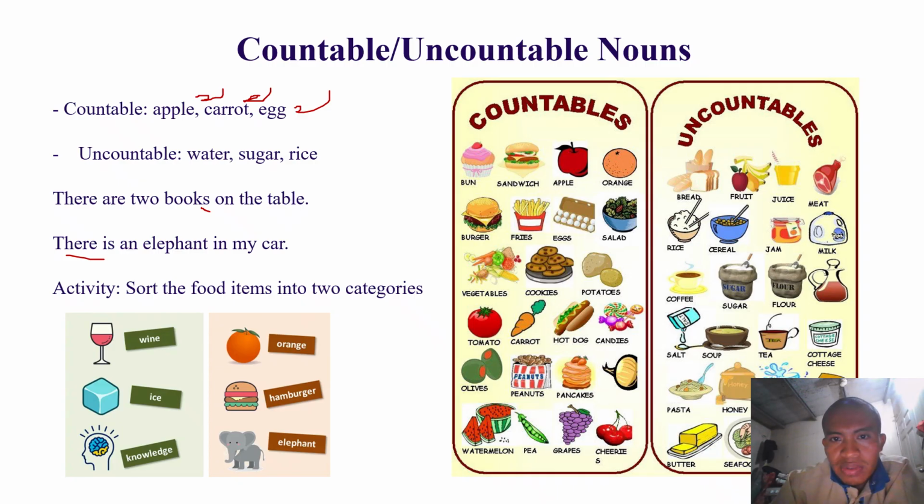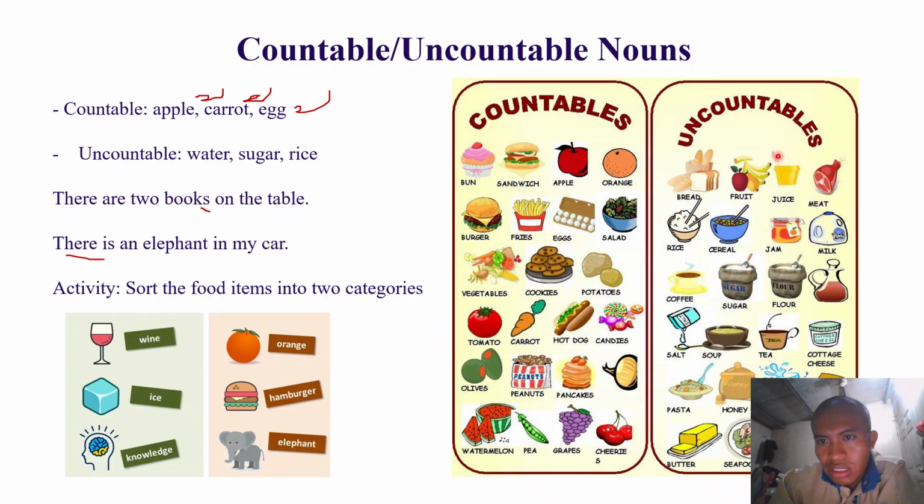So here in the picture you see the countables, which are buns, sandwiches, apples, oranges, burgers, fries, eggs, salads, vegetables, cookies, potatoes, tomatoes, carrots, hot dogs, candies, olives, peanuts, pancakes, watermelons, peas, grapes, cherries. These are the countable nouns.